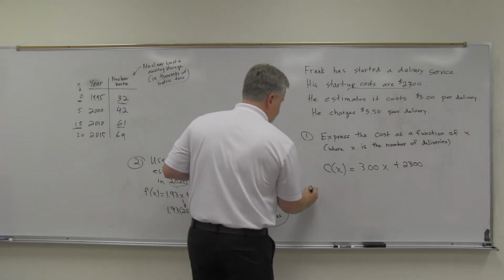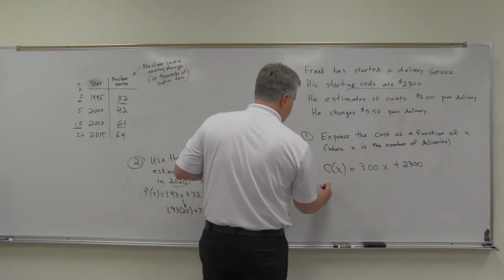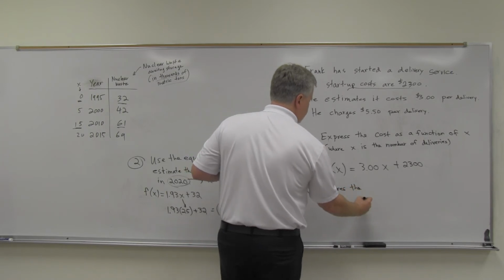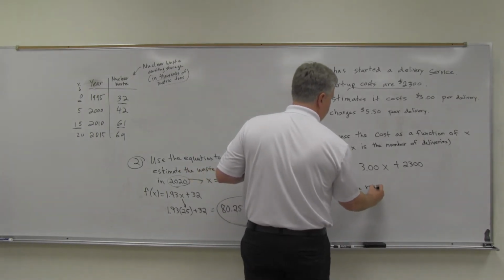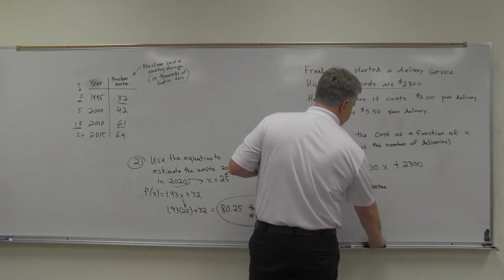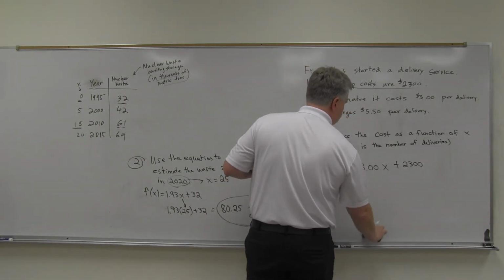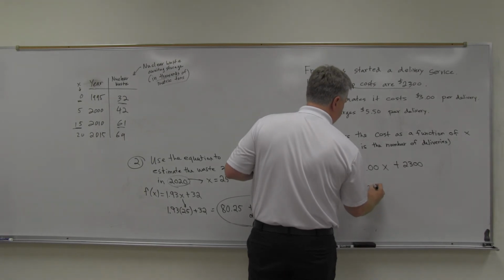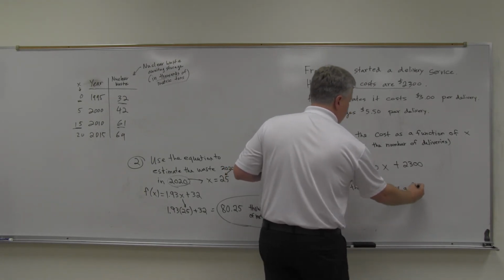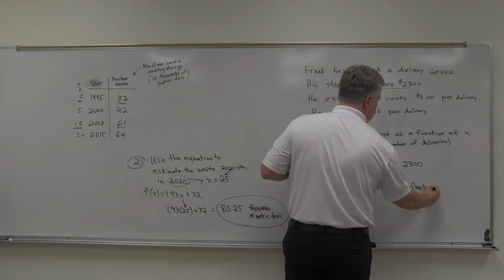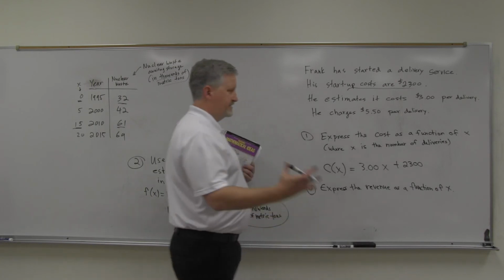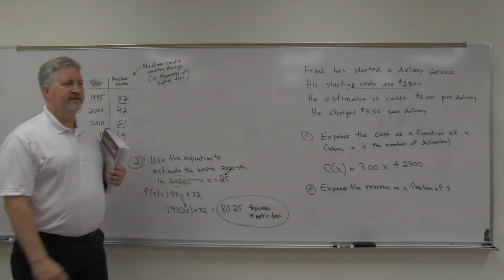All right, so number 2, let's express revenue as a function of x, r of x. Again, x is the number of deliveries.